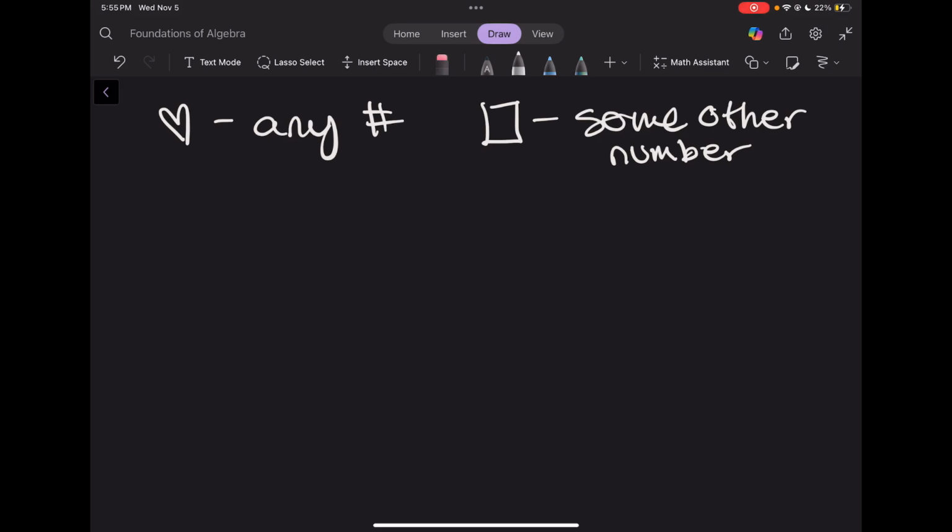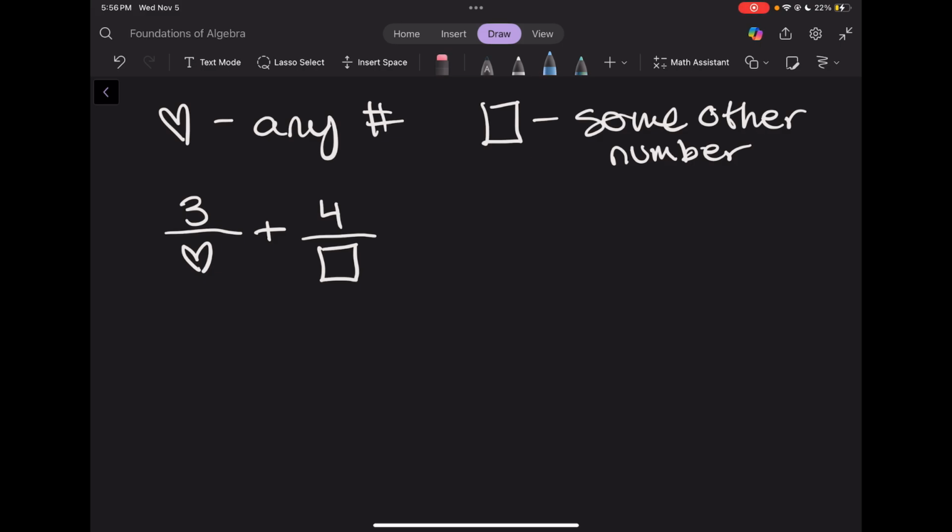It's any number. Same thing here. So what if I have 3 over heart plus 4 over square? These are any numbers that we want them to be, but we don't know what they are yet.